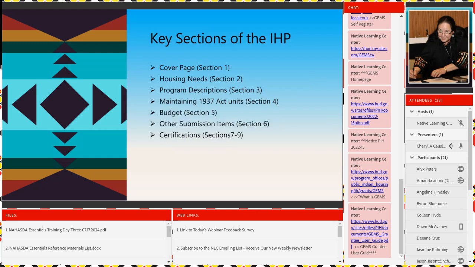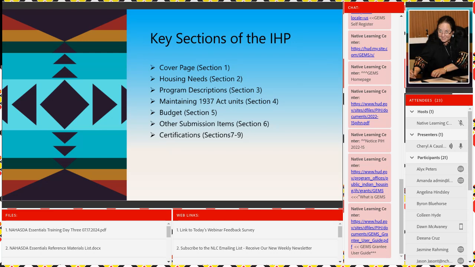So the key sections of the IHP: the cover page, the housing needs section, program descriptions, maintaining the 1937 Housing Act. Okay, I told you they were very, very stringent if you are getting that CAS, that 1937 housing subsidy for rentals. Okay, not very many of you probably get mutual help, but your rental subsidy.